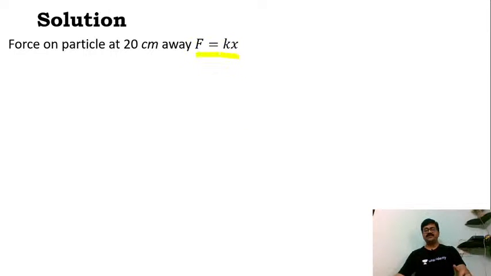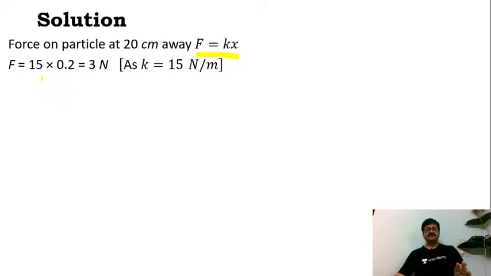F is equal to k into x, where k is the force constant, x is distance or displacement. Then I can substitute k equal to 15 Newton per meter into displacement as 0.2. Therefore, we'll get this as 3 Newton.